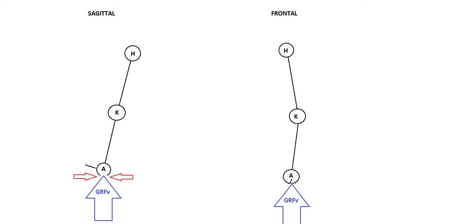So for the sagittal plane, it makes sense to pair your kinematic data with the anterior-posterior ground reaction forces. So this red arrow on the right hand side here would represent the anterior ground reaction force. This one on the left would be the posterior ground reaction force.